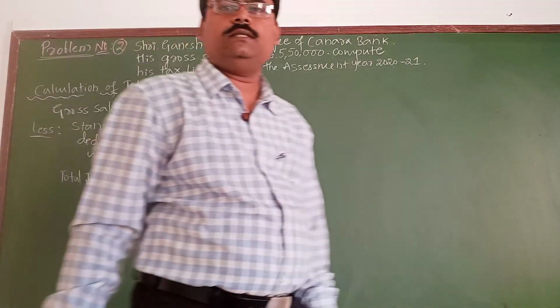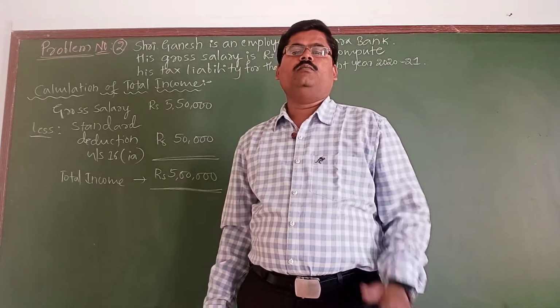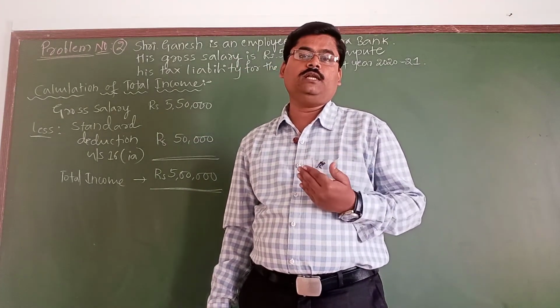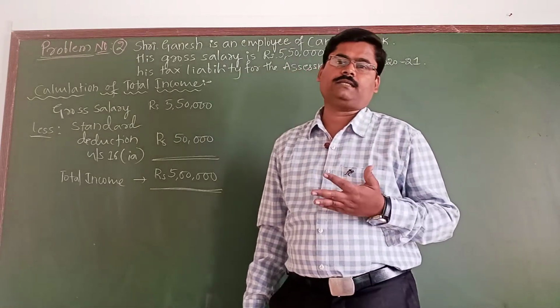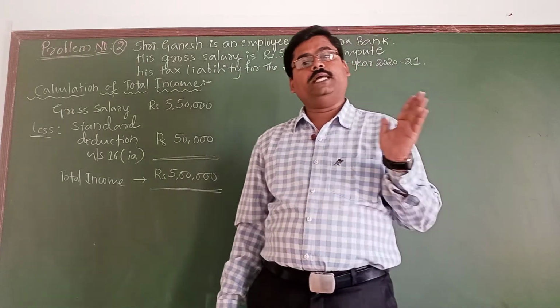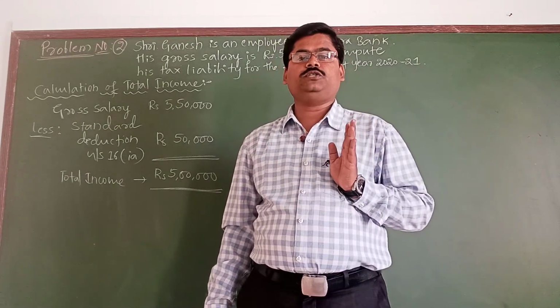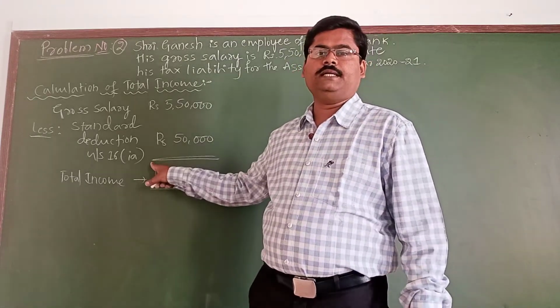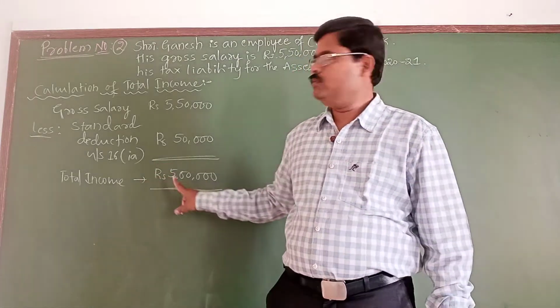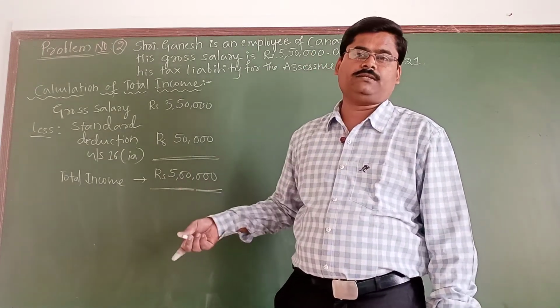So why have I done this calculation? Because they have given the gross salary, but we need the total income, the taxable salary, for the sake of imposing the tax. That gross salary is before showing the standard deduction. That is why after deducting the standard deduction, we get the total income, on which we are going to impose the tax.